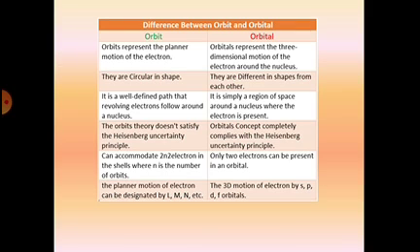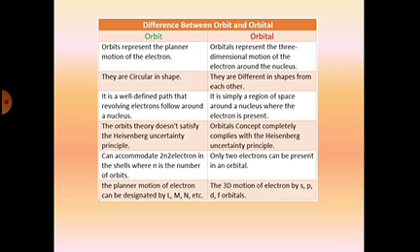Now, the first one is the difference between orbit and orbital. The first difference is orbits represent the planar motion of the electron. Whereas in case of orbital, it represents the three-dimensional motion of the electron around the nucleus.